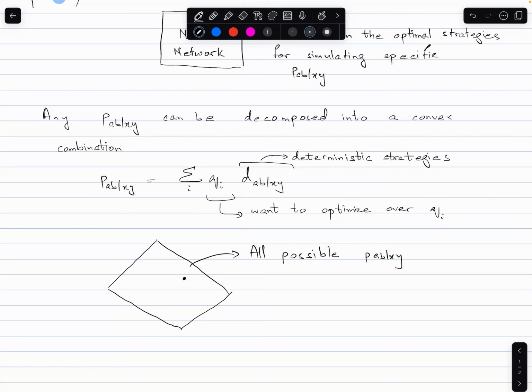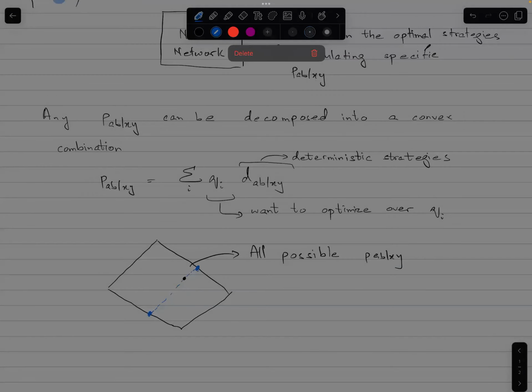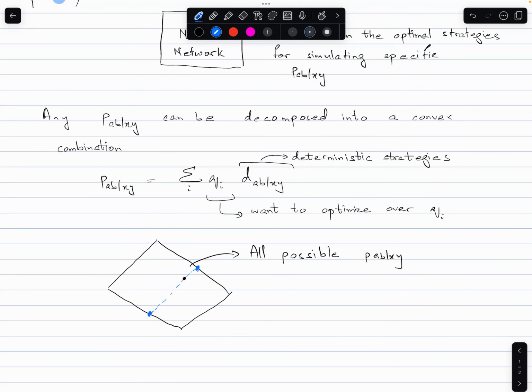One way to think about it is that this point is obtained as a convex combination of this point and this point. But another convex combination might be these two points.